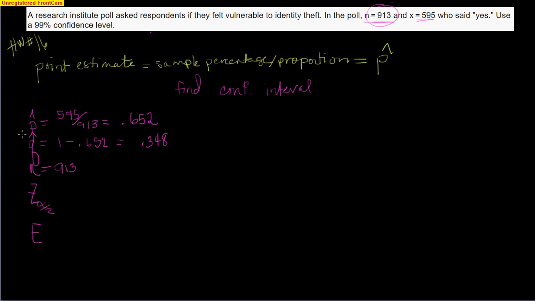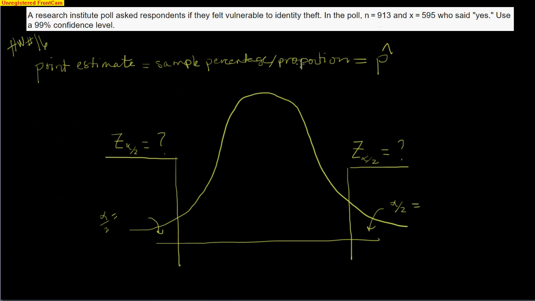The next thing we need to do is find the critical value. We're talking about 99% confidence, so let's go to another slide to figure that out. In this case, our confidence level is 99%, so we're 99% under here, and that leaves just a very small percent outside of this area.